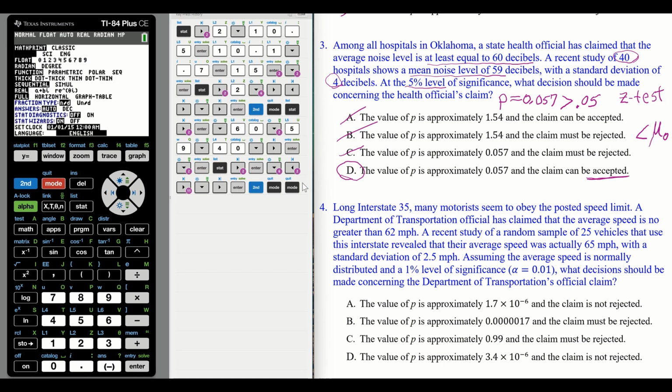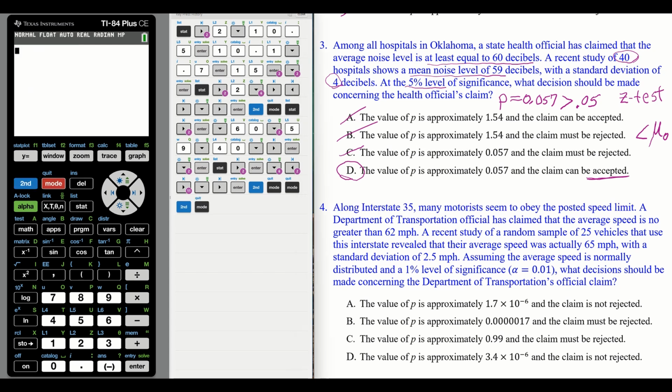Long, I believe that should say along. Typo, instant correction, sort of. Okay. Along an interstate. Oh, lovely. I hit something. Along Interstate 35, many motorists seem to obey the posted speed limit. A Department of Transportation official has claimed that the average speed is no greater than 62 miles per hour.